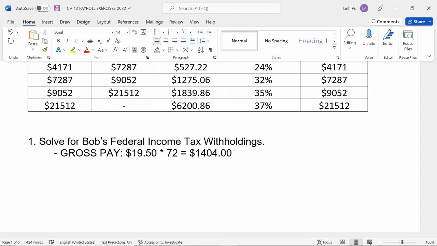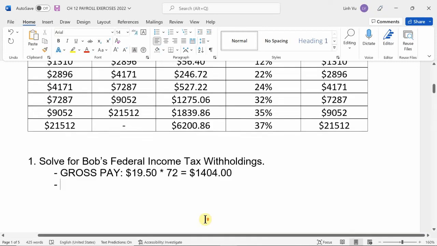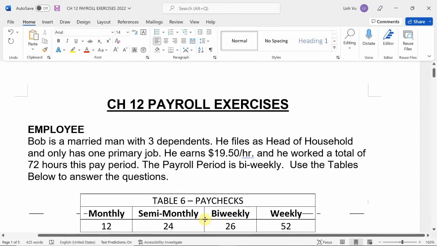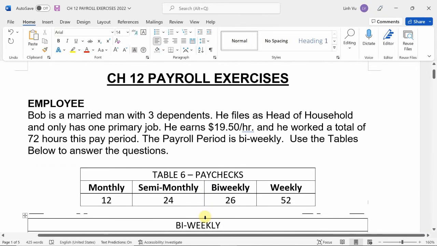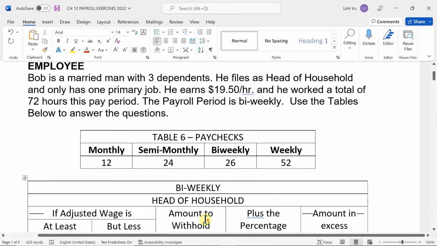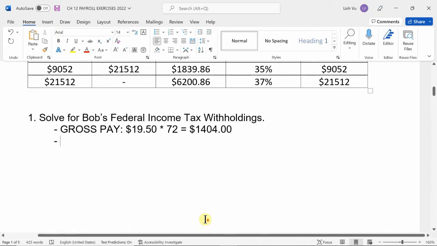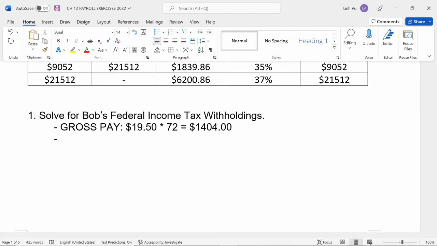Now, we said that he has one primary job, so he has no extra income, and he doesn't have any other deductions. Step 2 is to start with the gross pay, add any extra income, and subtract any extra deductions.